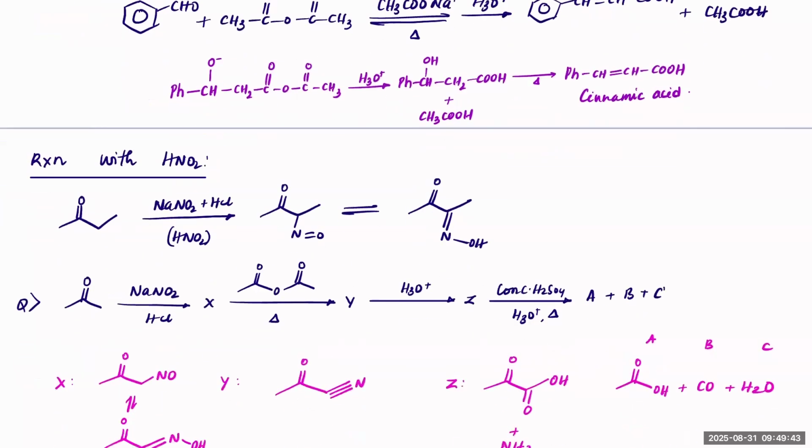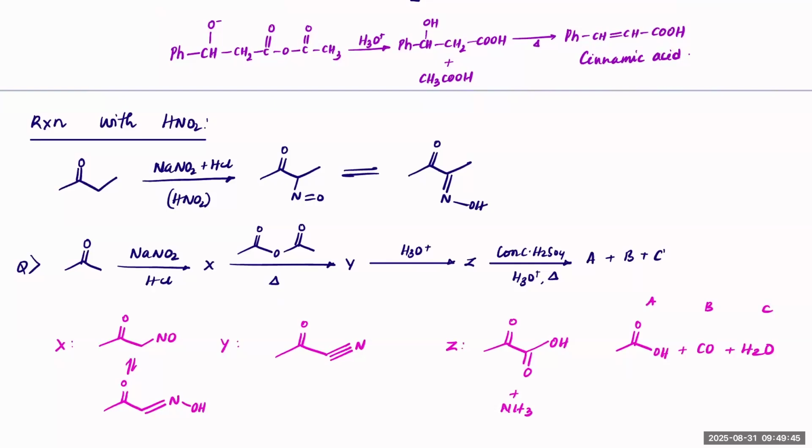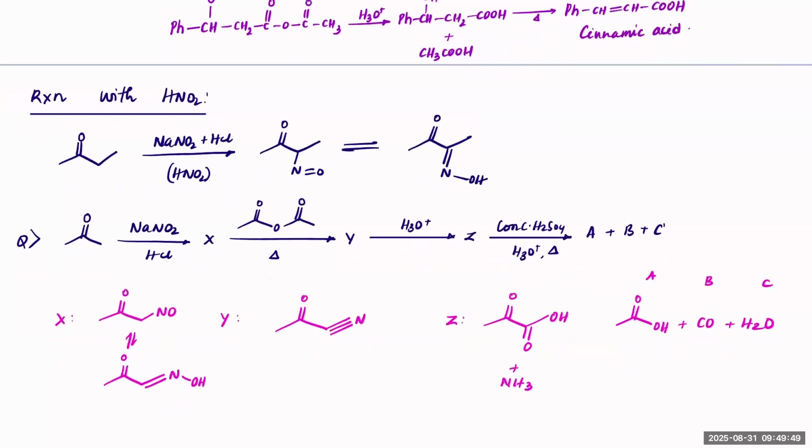Right. See the next one. What happens if you are making a reaction with HNO2? HNO2 can be generated from NaNO2 plus HCl. So what do we get?